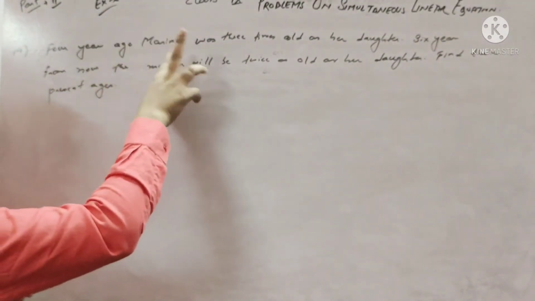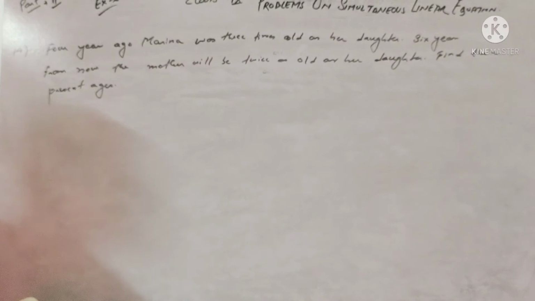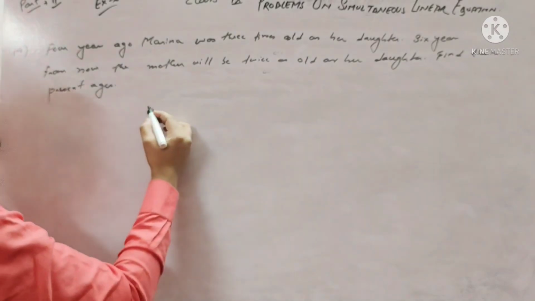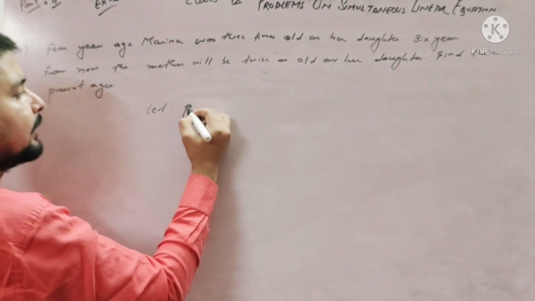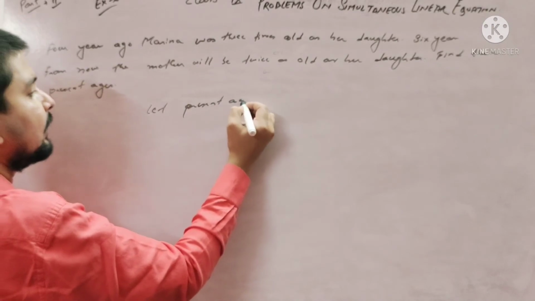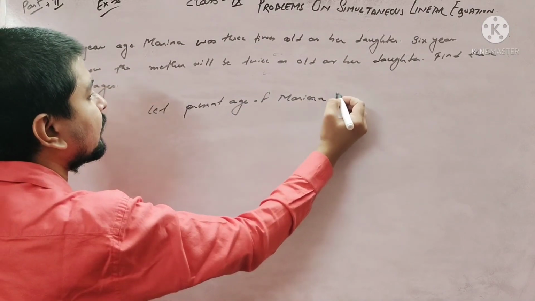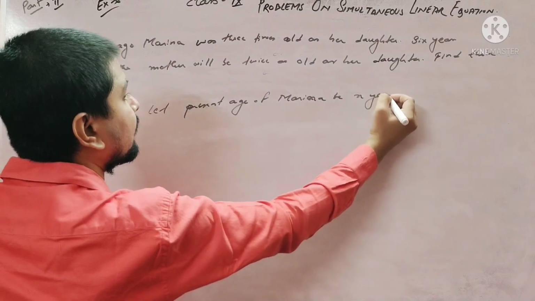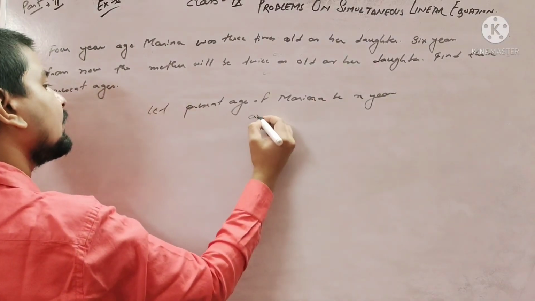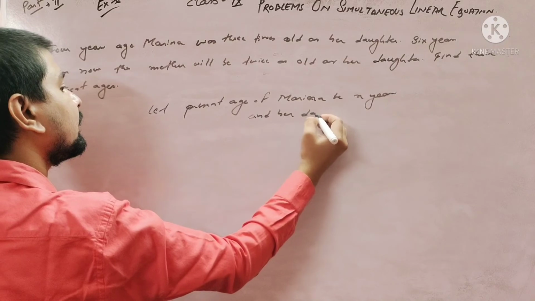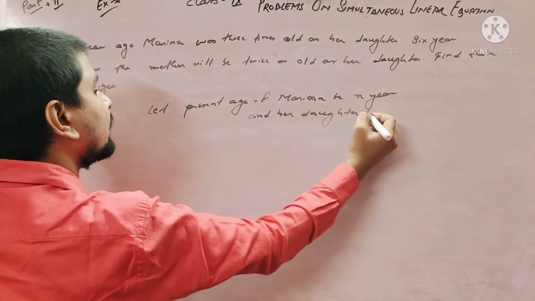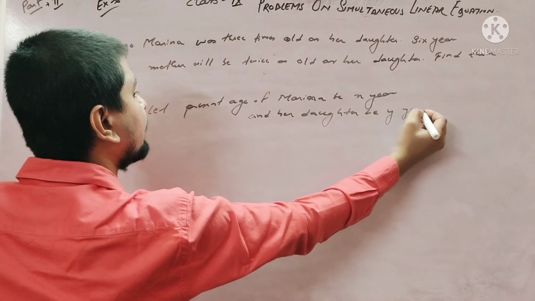Four years ago, Marina was 3 times as old as her daughter. So let the present age of Marina be x years and her daughter be y years.